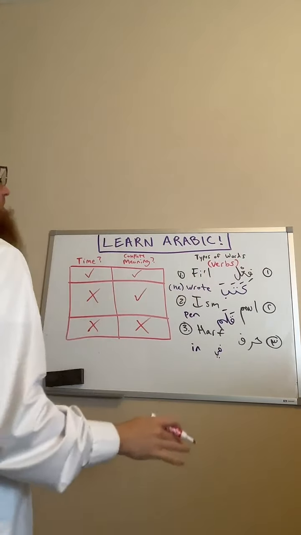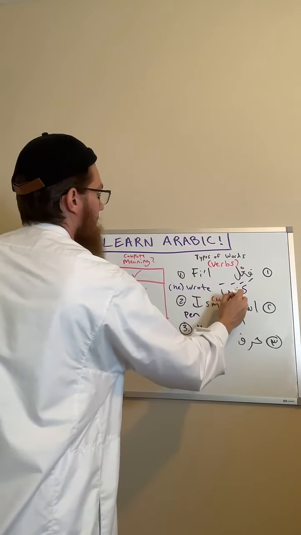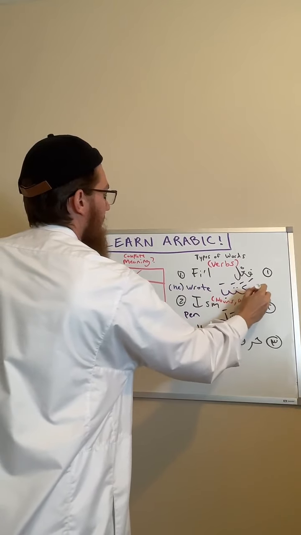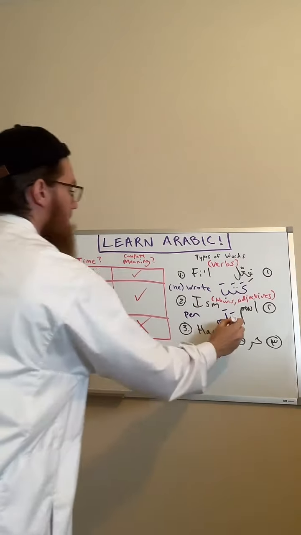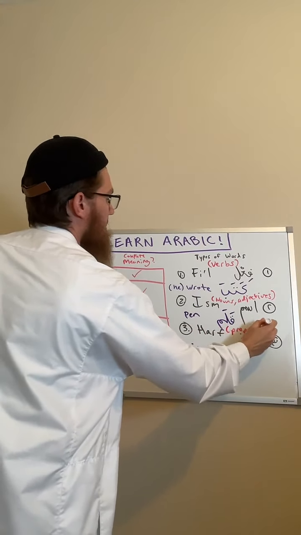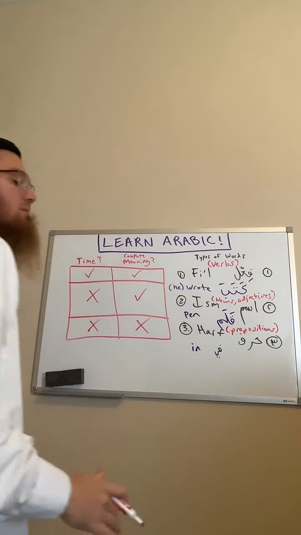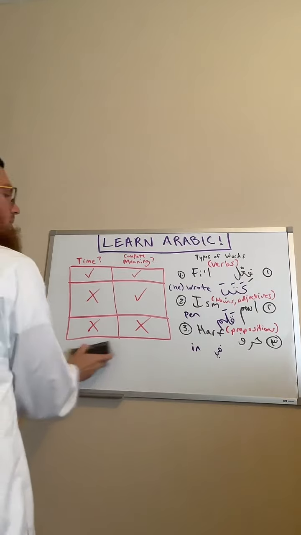The ism has a complete meaning but no relation to time, like nouns, adjectives. And the harf doesn't have a complete meaning on its own, like prepositions: in, on, with.